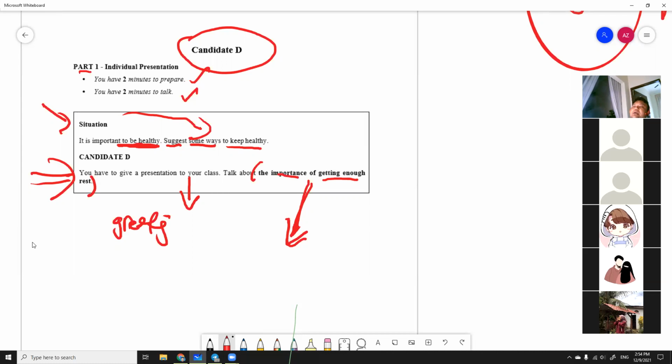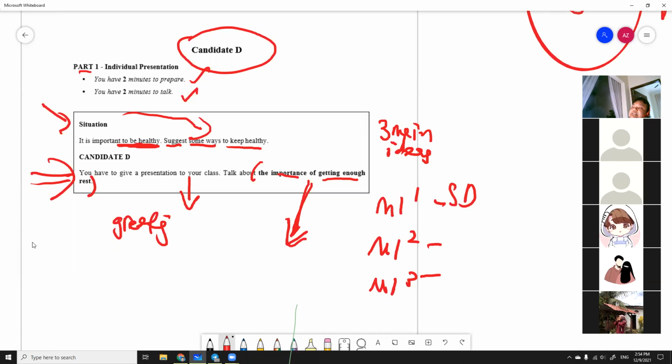So make sure you provide 3 main ideas. And each idea, main idea 1, main idea 2, main idea 3, is supported with supporting details.